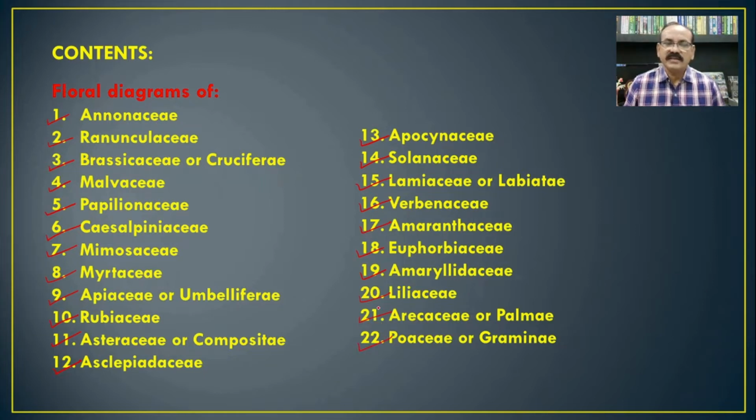These different families are taken from the different syllabi of the UG and PG of different Indian universities. I am sure that after watching this complete lecture, you will get the tricks and the knowledge about how to draw the floral diagram.